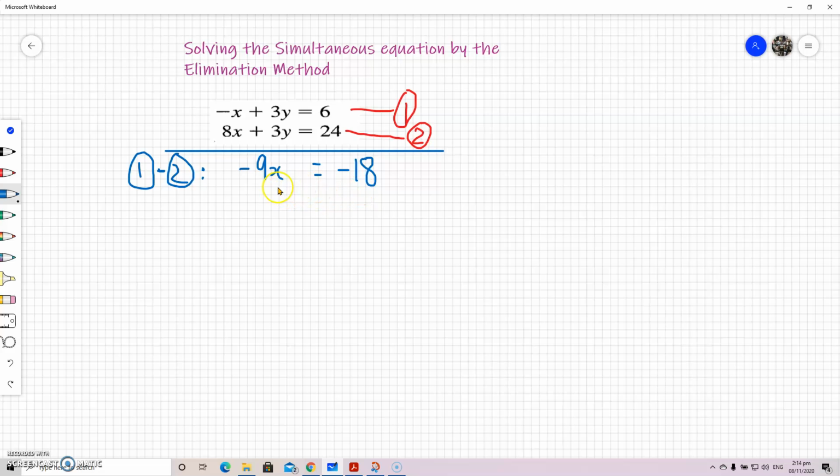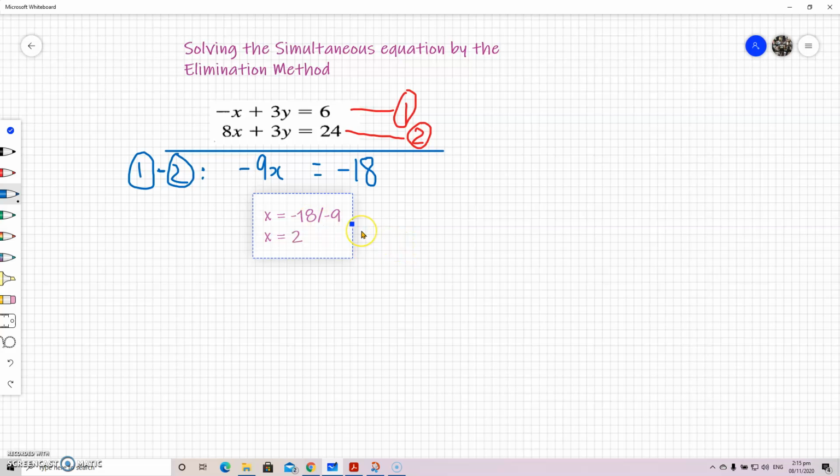Divide by minus 9 on both sides. What do I get? I get x is equal to minus 18 divided by minus 9. Now negative divided by negative will give me a positive value. So x is equal to 2.